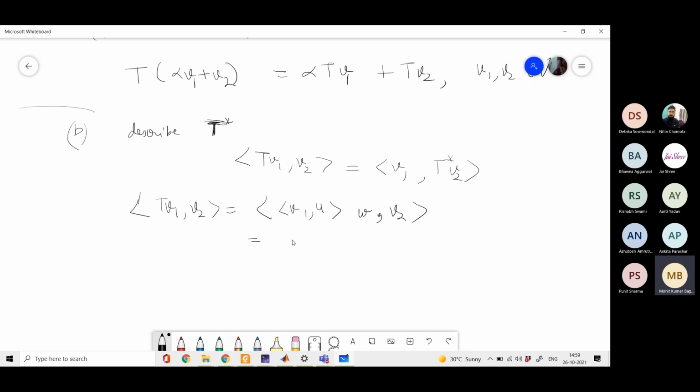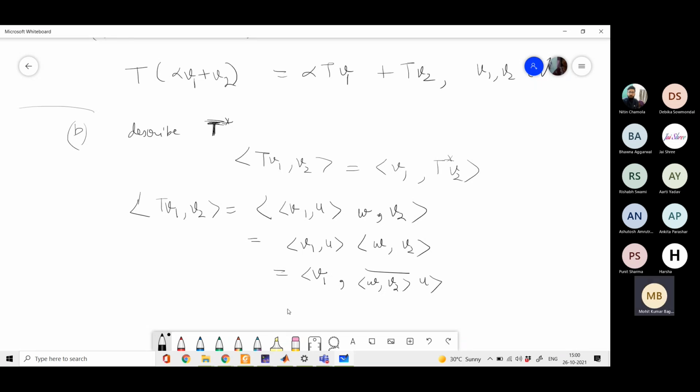You can take it out by the inner product property, and then you can write V1 with T star of V2.